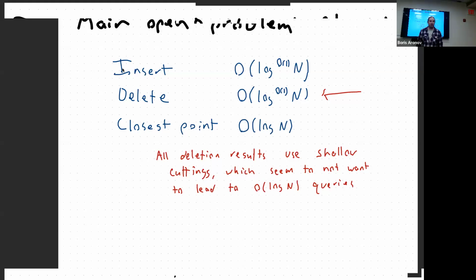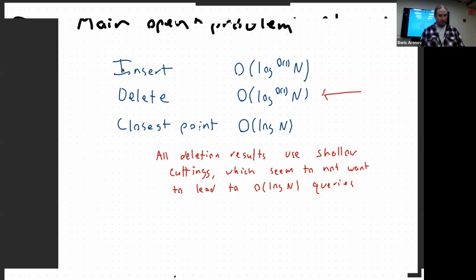This naturally leads to polylogs. And we've spent a lot of time trying to figure out whether there is a way to combine Chan's shallow cutting with what we're doing to support deletion? And again, we are happy with any sort of polylog, and we've gotten nowhere. We've spent weeks on this.